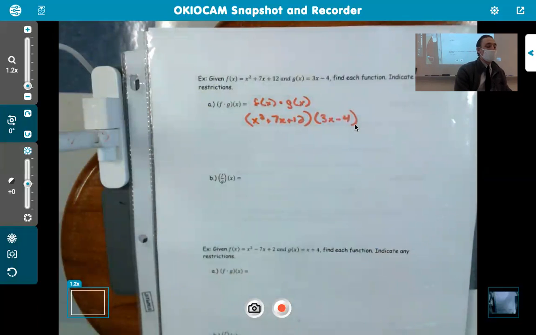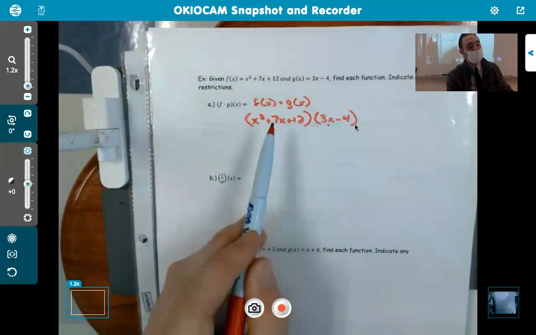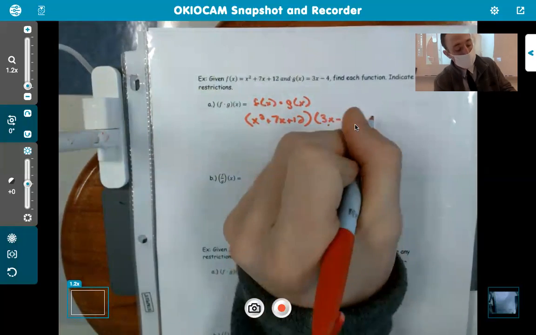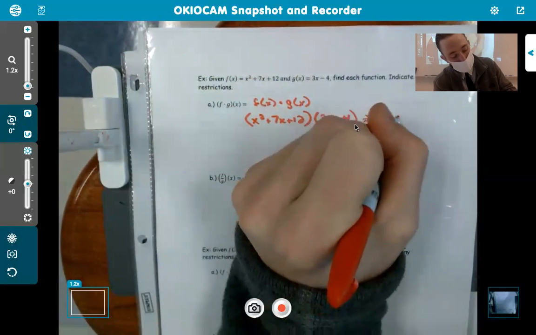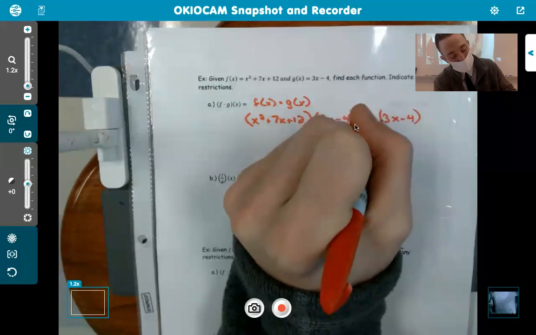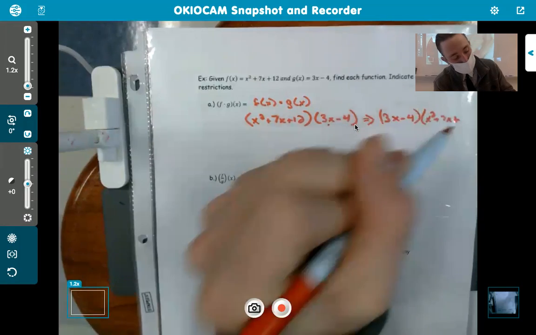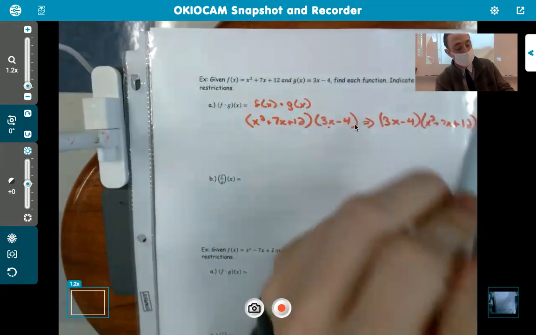And hopefully what we notice is something that we saw back in chapter 5, where I have to go through and distribute each term in my binomial to each term in my trinomial and then start to combine like terms, right? Another way that you could write this is 3x minus 4 times x squared plus 7x plus 12, if visually that's a little bit easier for you to recognize the distribution process.